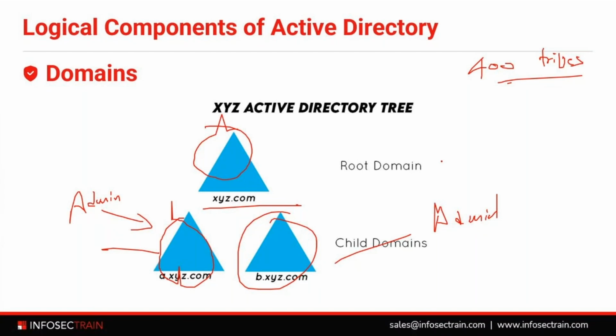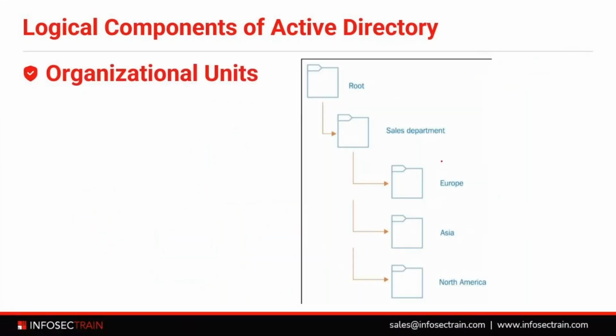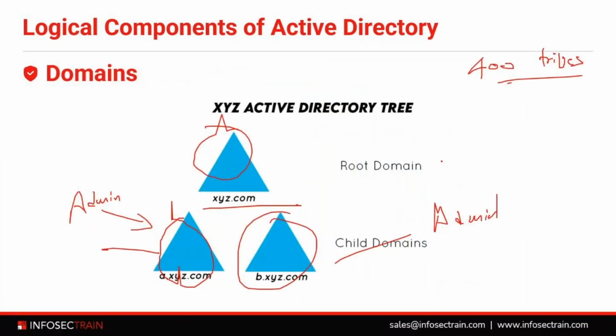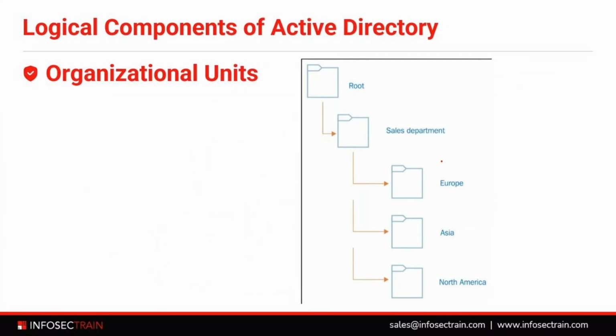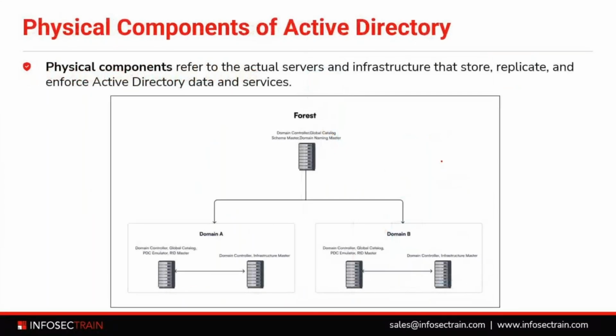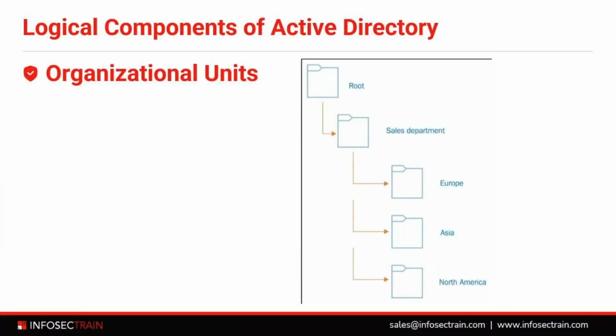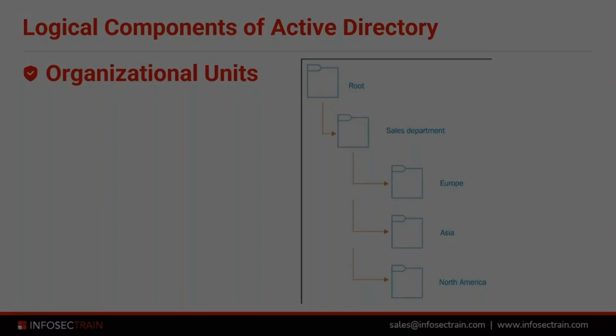Next, we have organizational units. Now, don't you think managing a domain will also be difficult? According to your opinion, what do you think? Managing a forest is difficult, but managing a domain is also difficult, right?